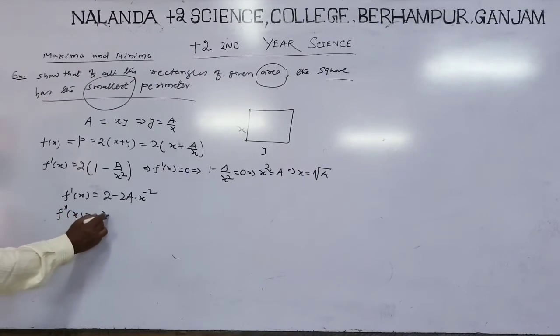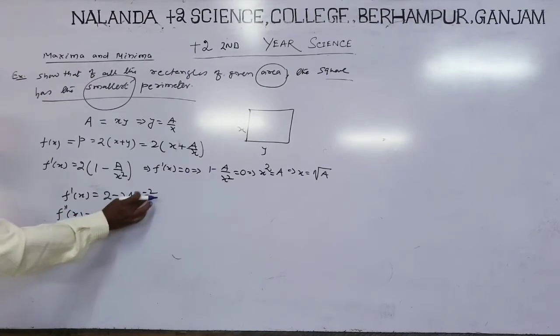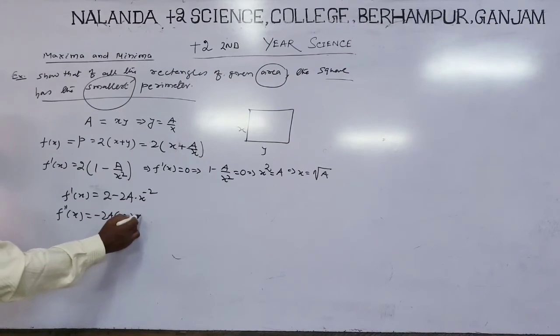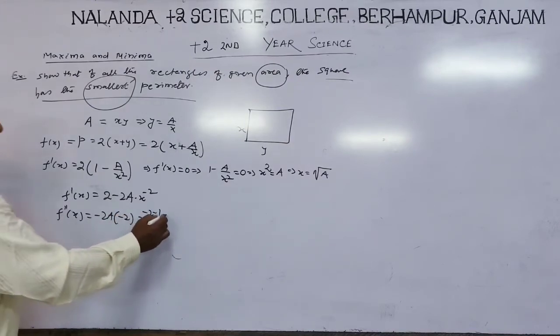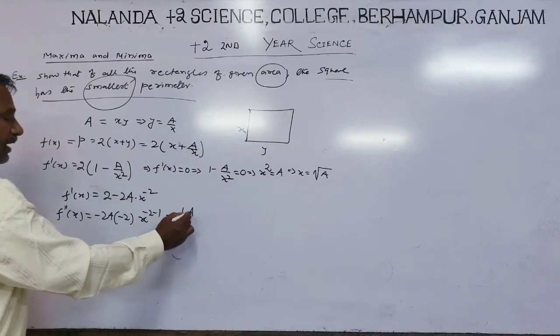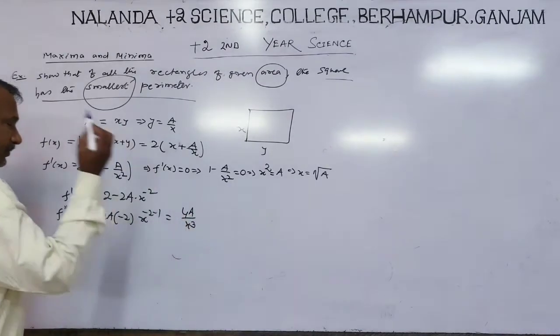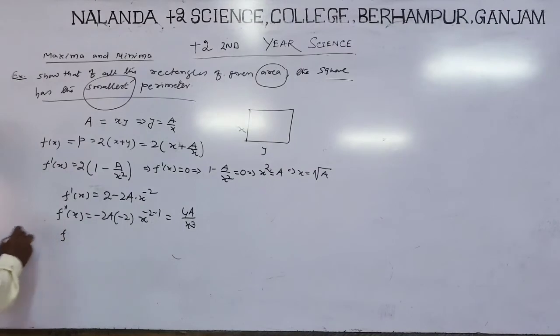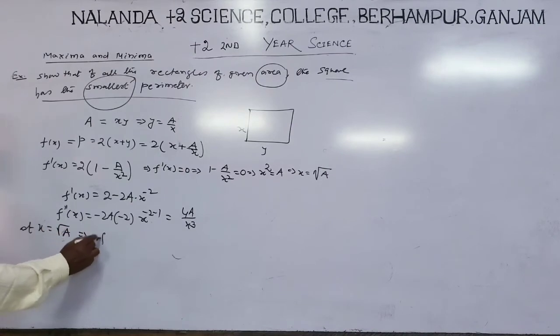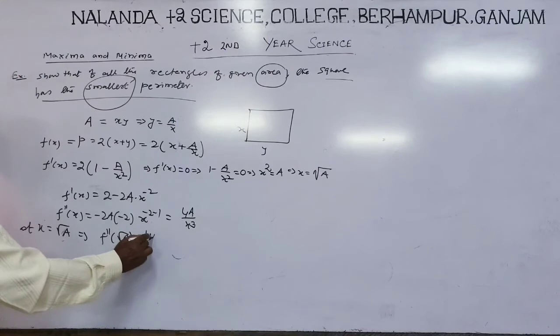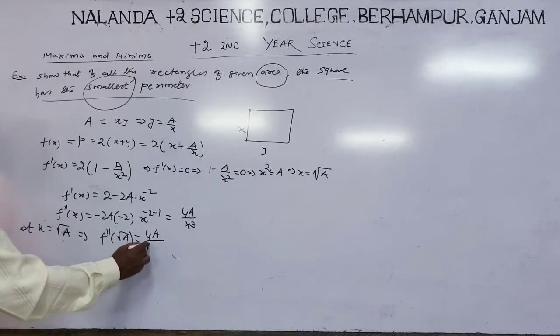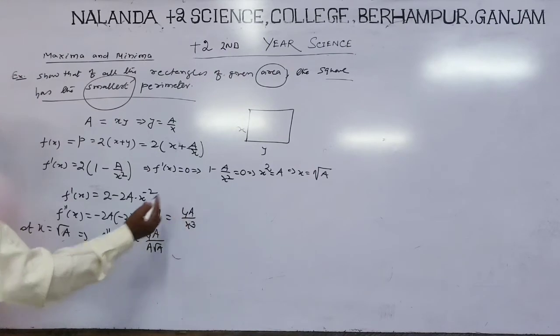Minus 2a, and the derivative of x power n is n into x power n minus 1, so f double dash x equals 4a by x cube. So at x equals root a, f double dash of root a, substitute, 4a by root a whole cube.